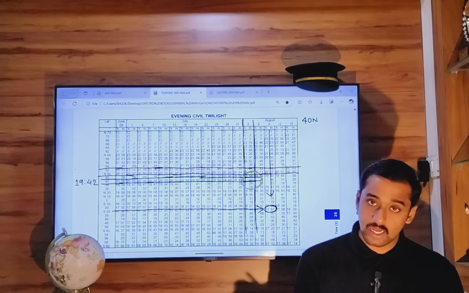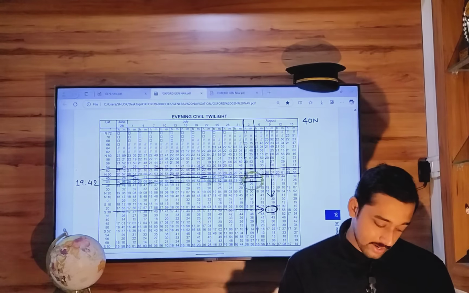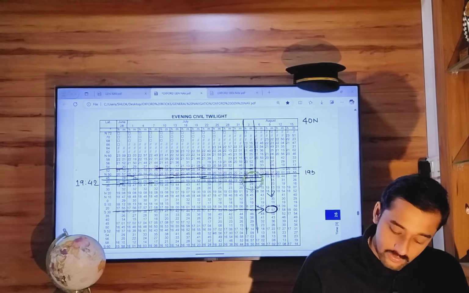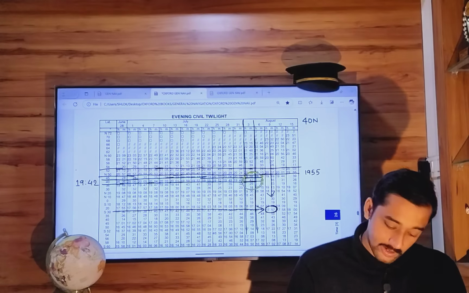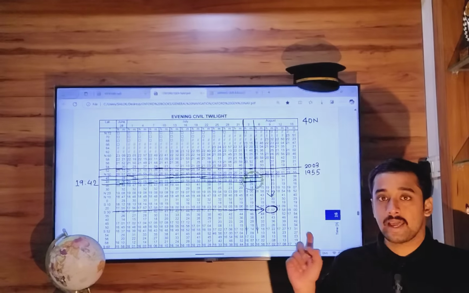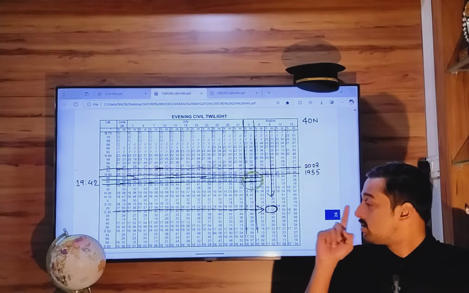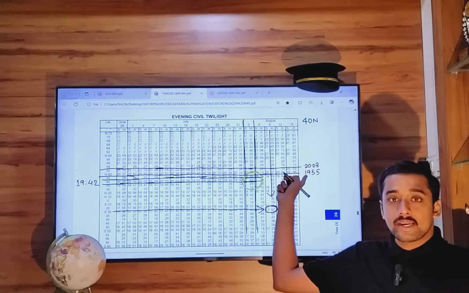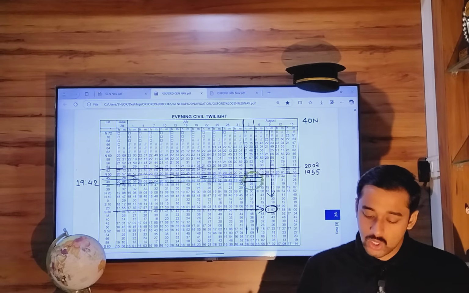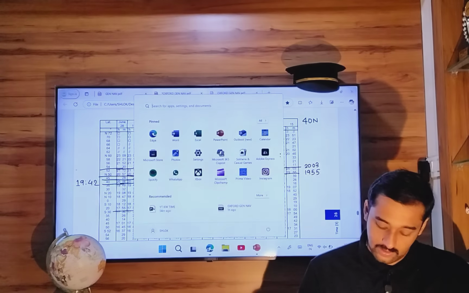At 50 degree north latitude the time is 19:55, and at 52 degree north latitude the time is 20:03. So for 51 degree north latitude, we will take a time between 1955 and 2003. So let's take 1959.